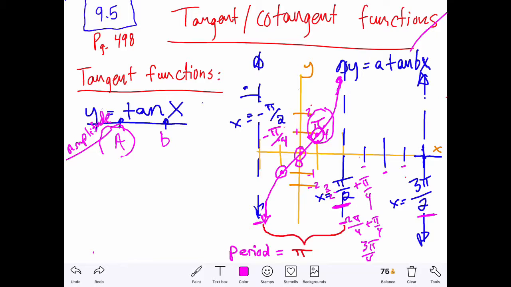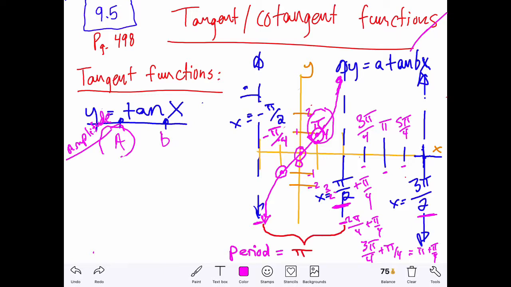So I know that this here is 3 pi fourths. And then 3 pi fourths plus another pi fourths is 4 pi fourths, or pi. And then pi plus another pi fourths, well, that'd be 4 pi fourths plus pi fourths, which is 5 pi fourths.